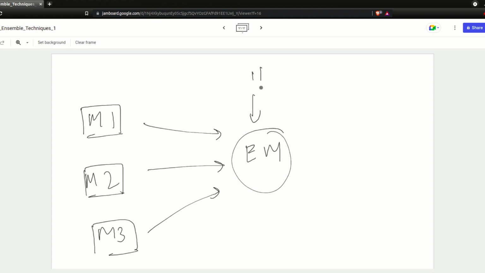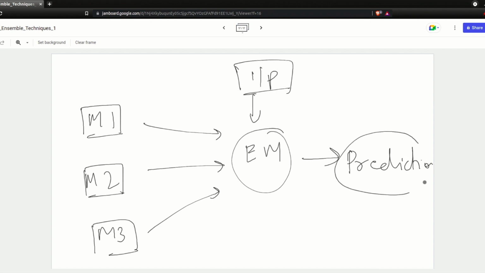We give input to it, and finally predictions are made. Basically there is a combination model. It can be in series, it can be in parallel.